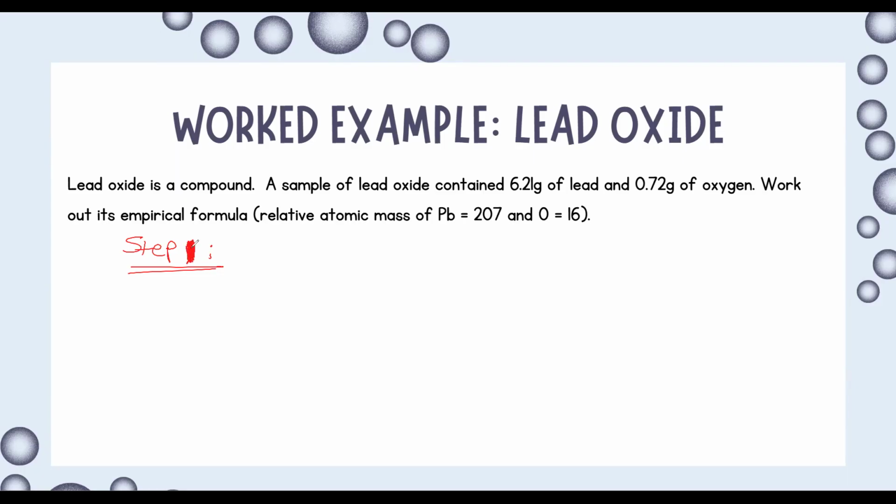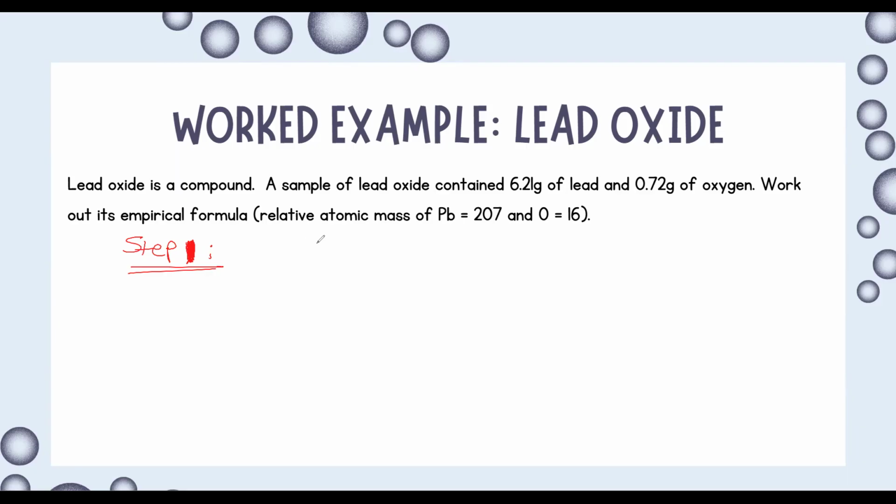If the values are given to you as percentage, convert the percentage to grams. Okay, so the values were not given to us in percentage. What are we going to do now? Read the second rule now. If the values are given in grams, convert grams to moles. Simple. Divide by atomic mass.